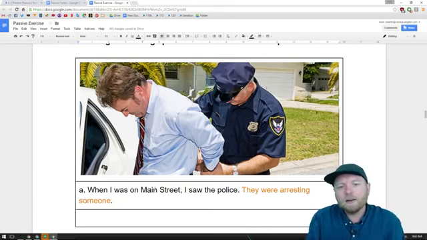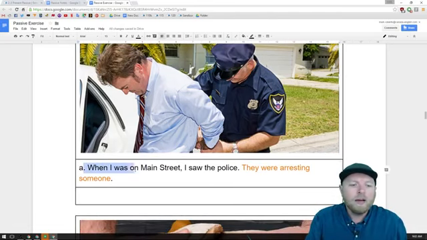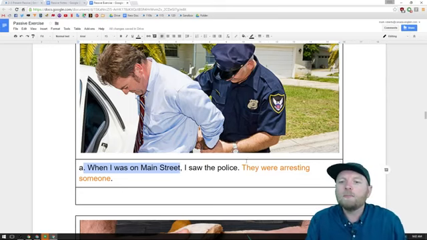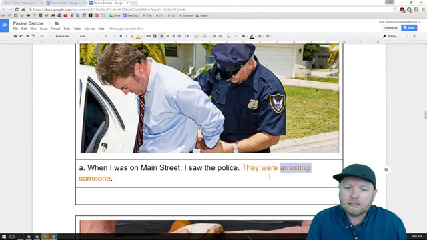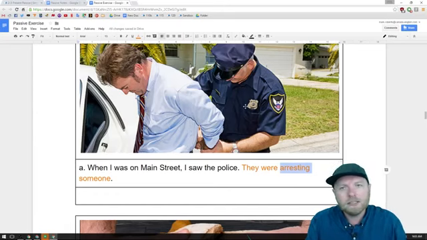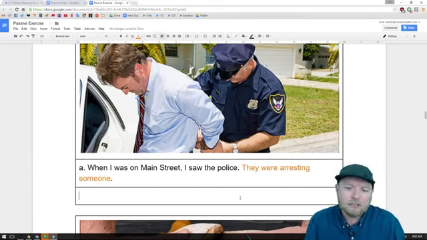What's happening here, right? When I was on Main Street, I saw the police. I saw the police, right? The police, they were arresting someone, right? Well, remember I told you, arrest, only the police do this action. So here, of course, police is the agent, right?